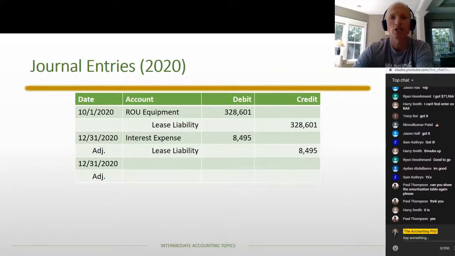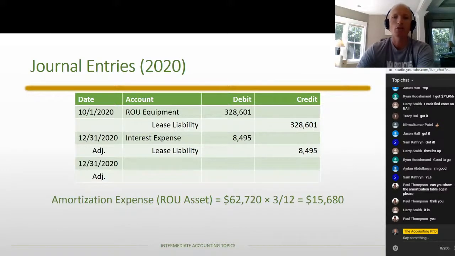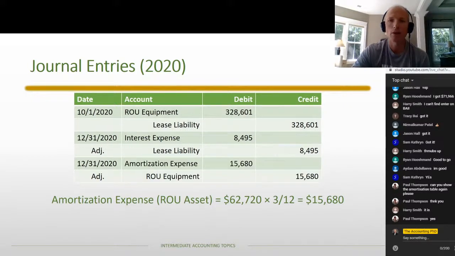The second adjusting entry is the amortization expense related to the right-of-use asset. Again, the annual amortization is $62,720. Of course, 3 months have passed in this current year, and so that means we need to record amortization expense of $15,680, 3/12 of the annual amount. And so again, we have the amortization expense as the debit, and the amortization goes as a direct reduction to the right-of-use equipment account.